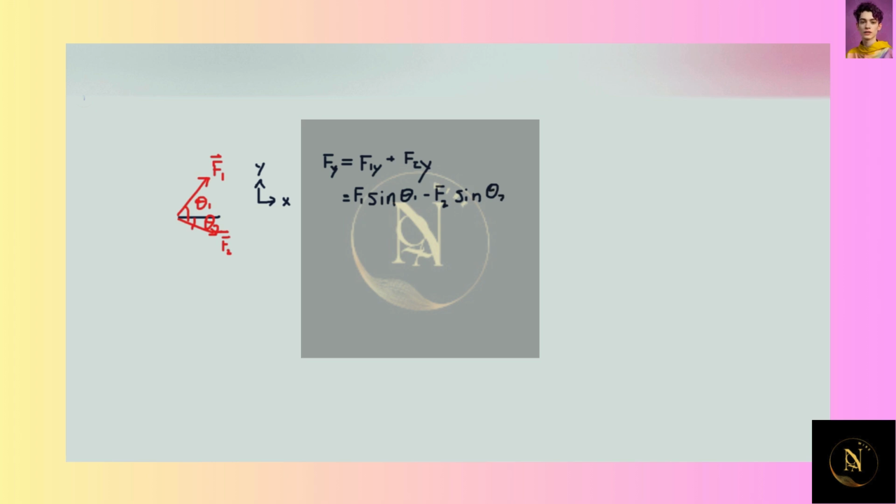So now we can plug in some numbers, namely 100 times sine of 60 degrees, and then subtracting off 140 times sine of 30 degrees, in order to get that the total net y component is 16.6 newtons.